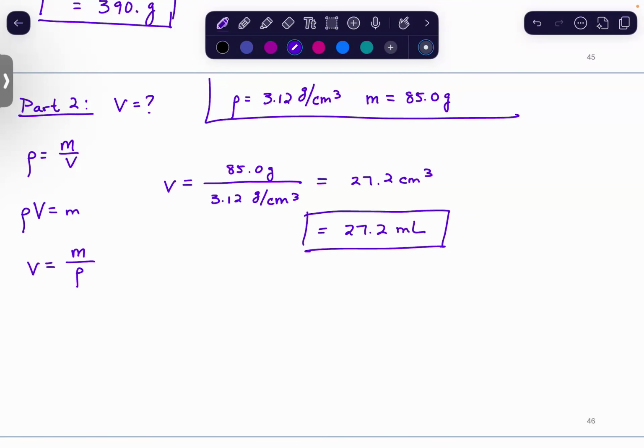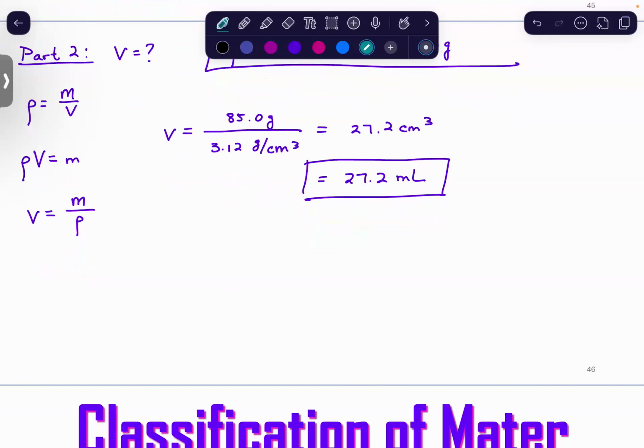Do the units work out? So let's figure that out. Okay, so I have grams, so my volume is grams over grams per cubic centimeter. All right, so I have a fraction in the denominator, which means I'm going to flip it and multiply, equals grams times cubic centimeters over grams.